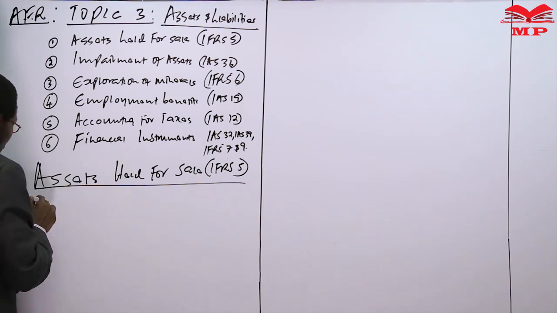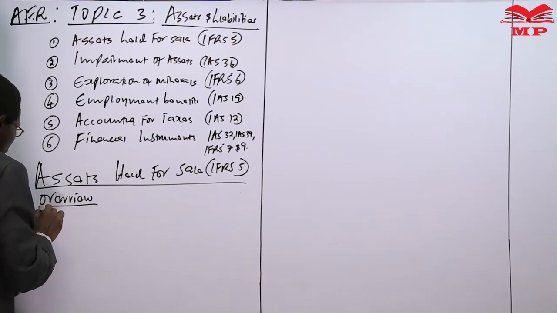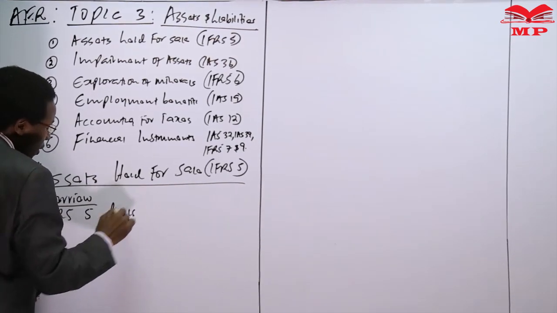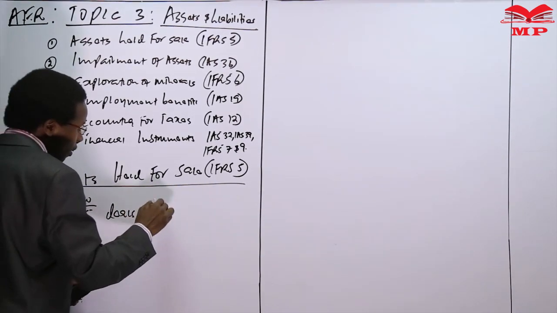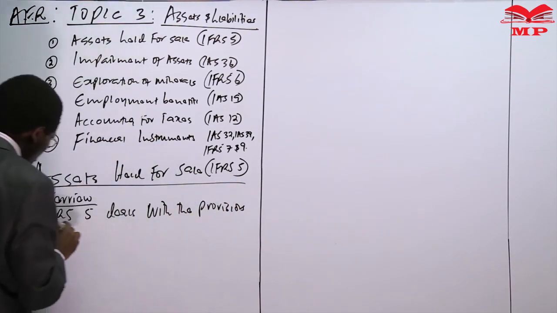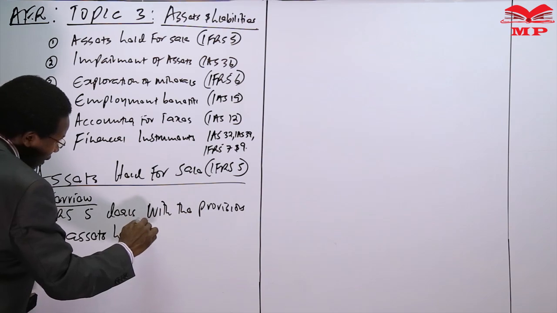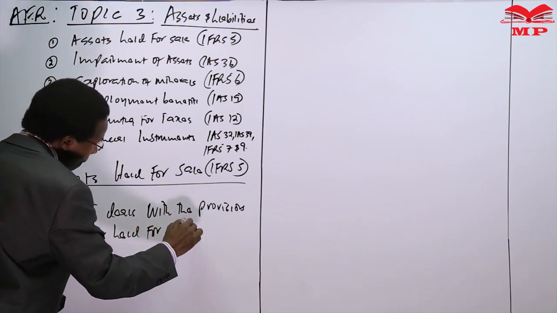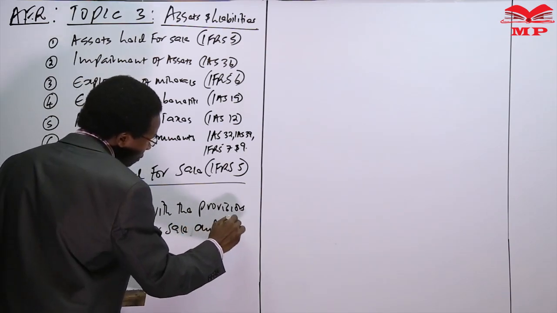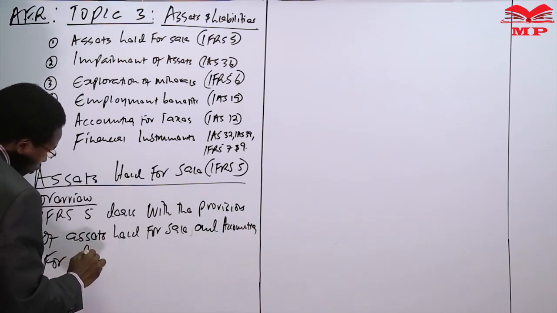You can also say as an overview that IFRS 5 deals with the provisions of assets held for sale, and accounting for discontinued operations.